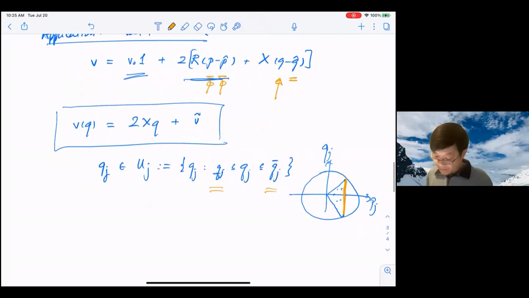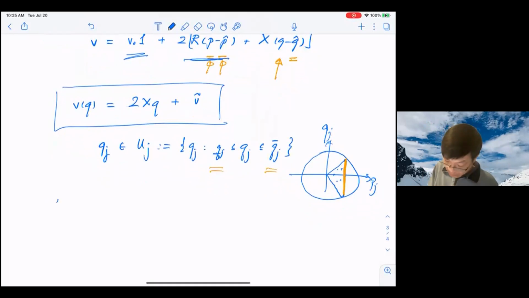Now, notice the important thing is that we're going to require the control that we choose is local, meaning that we're going to restrict ourselves to control of this type. So think of this as iterative, right? Then the control is going to be of the form, the local control, that it is a function, control function UJ.